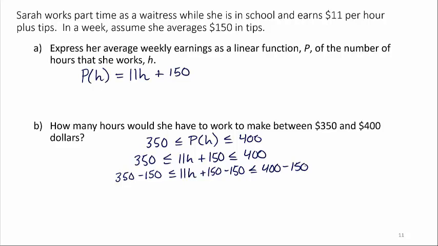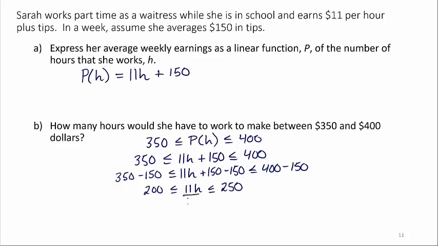Okay, so 350 minus 150 is 200. And then we're left with 11h in the middle. And 400 minus 150 is 250.